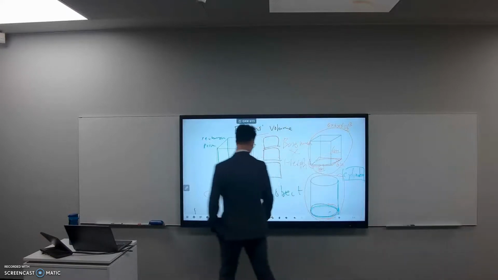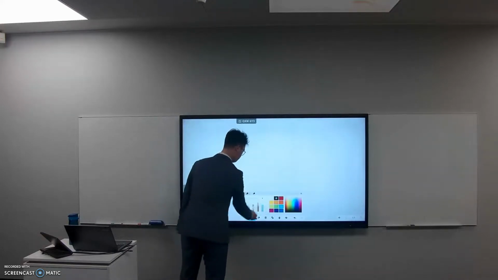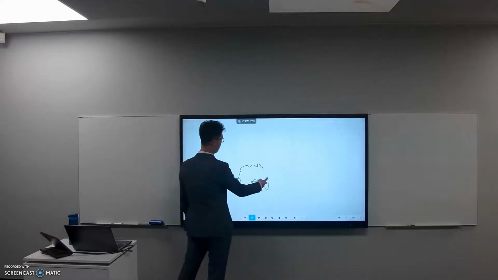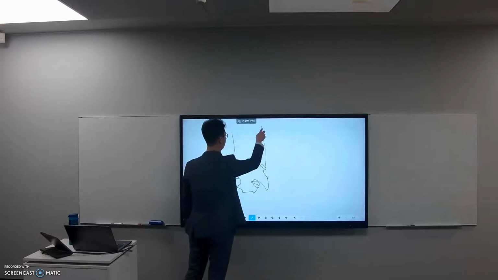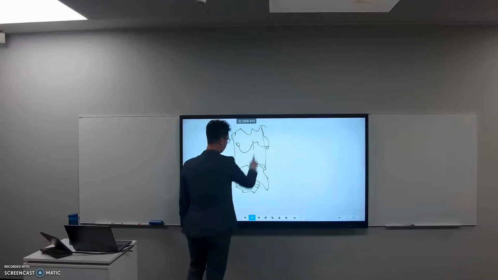And then you might be wondering, what about this? You've got whatever shape that is at the bottom, and then it joins up, and on the top is the same thing.